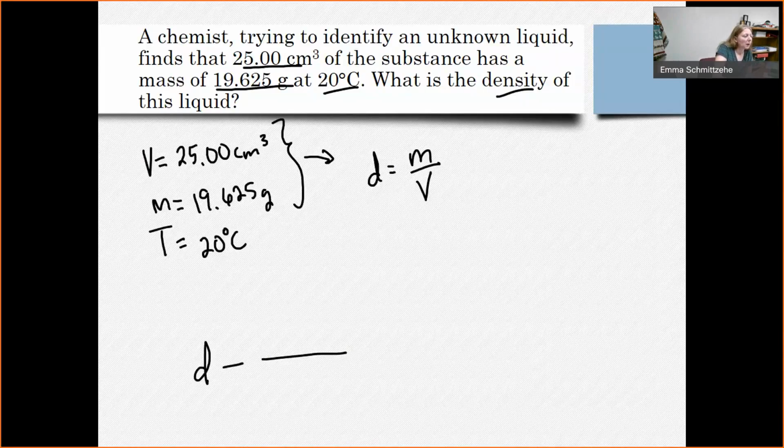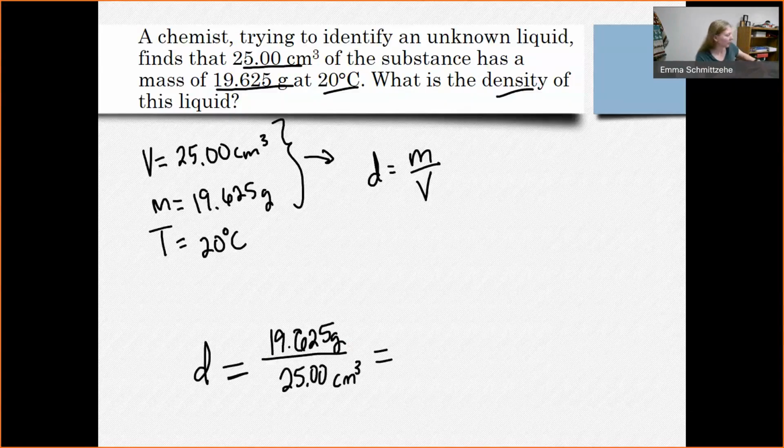So my density is my mass, which is the 19.625 grams over 25.00 centimeters cubed. Again, this is supposed to be an equal sign. There we go. Now it's working. And then we just need to punch it in the calculator. 19.625 divided by 25.00, that gives me 0.785. That's what the calculator tells me, okay?